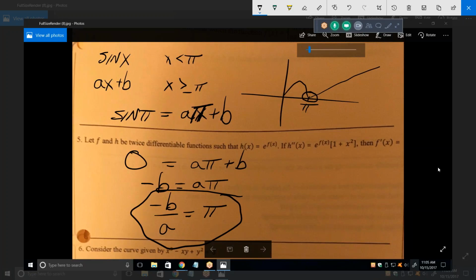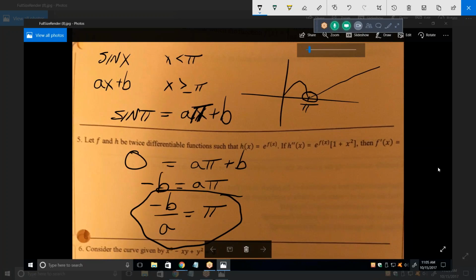So I know the sine of pi is 0. But I got 0 equals ax plus b. That's one equation, two variables. Even when I know that it's equal to a times pi plus b, I guess I can solve this now that I think about it.